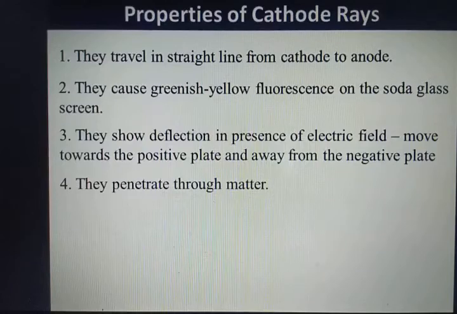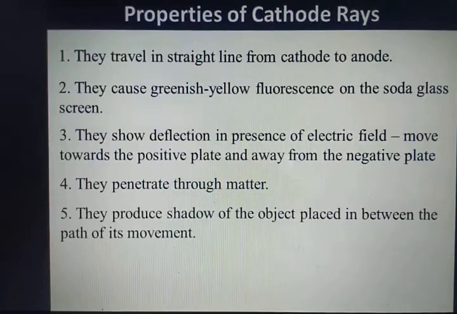Cathode rays penetrate through matter. That's another property. Cathode rays have the capability to penetrate through matter, so it's not that cathode rays can be restricted by normal substances. The next, they produce a shadow of an object placed in between the path of their movement.